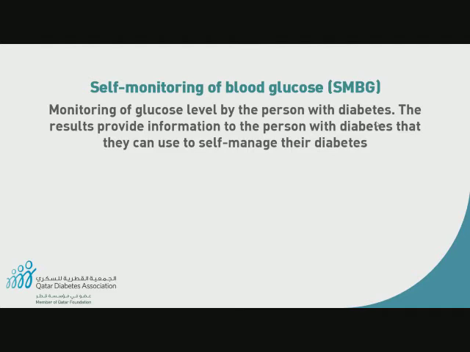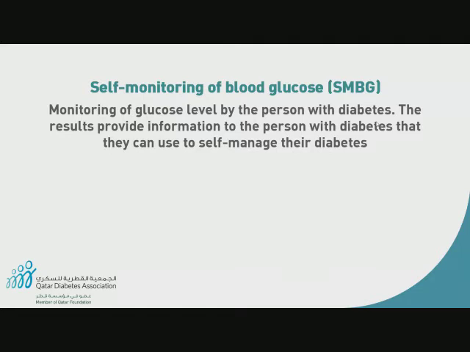Or sometimes the person living with diabetes might need some help from a caregiver or a guardian or someone else, just in case he or she cannot perform the test. But eventually, the process of monitoring and recording those results is the self-monitoring. And not just recording them, but making use of the information given by those results that would help a person with diabetes so they can manage their diabetes.